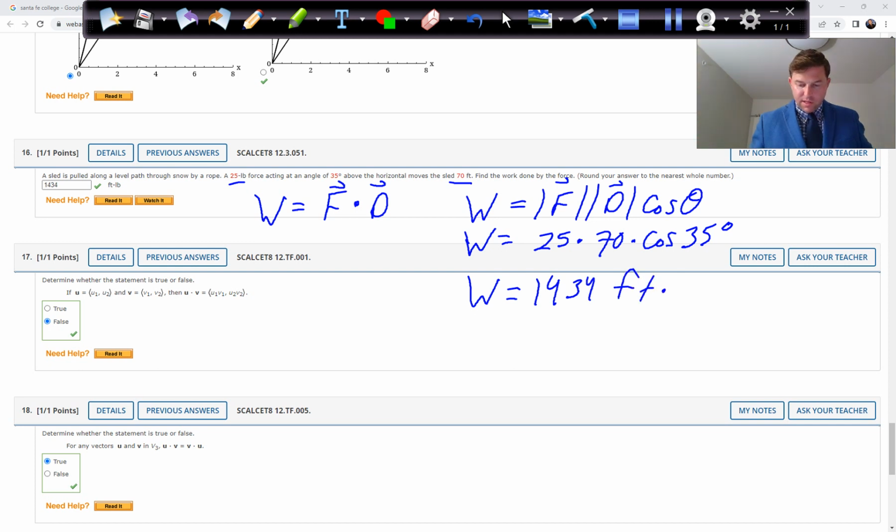So in English units, forces in pounds, distances in feet. So to get the unit for work, you just multiply those and call it foot-pound. And that's problem 16. Should be fairly straightforward, kind of a plug-in job. Just make sure your calculator's in degree mode.